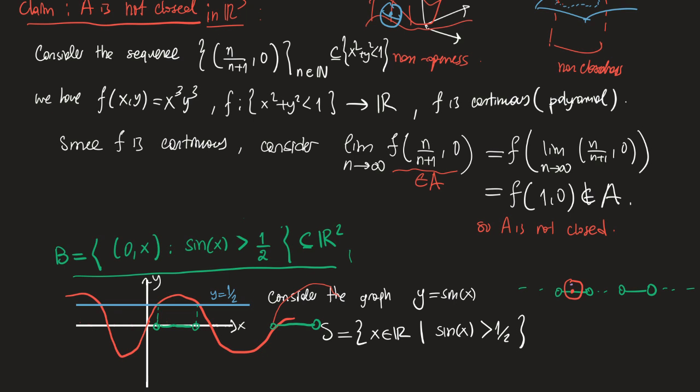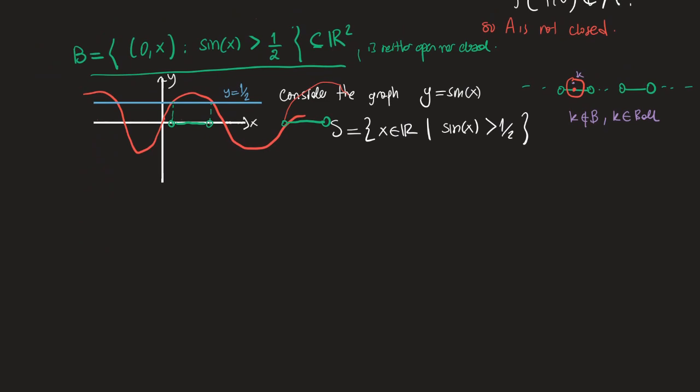This purple point, let me call K. K is not in the set B, but K is in the ball. So it contradicts the openness. So it is neither open nor closed.